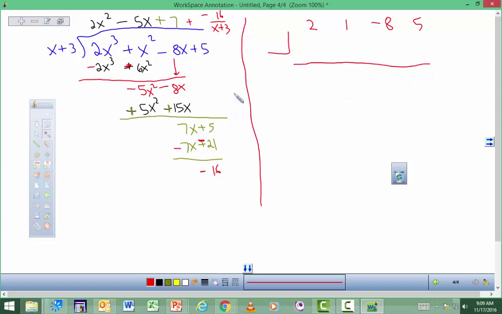Now, by the way, we're going to put a 3 here. That's that number right here. Does that make sense? However, you notice how we do this subtraction all the time? You see that subtraction that we have to keep doing? Synthetic division will work if we change the sign. That will take care of all the subtraction.